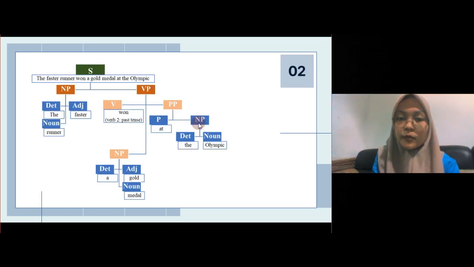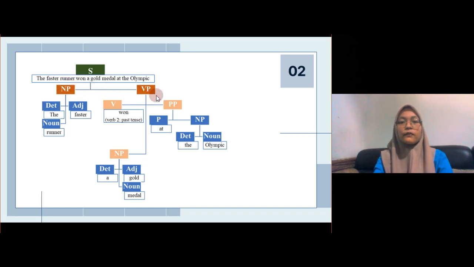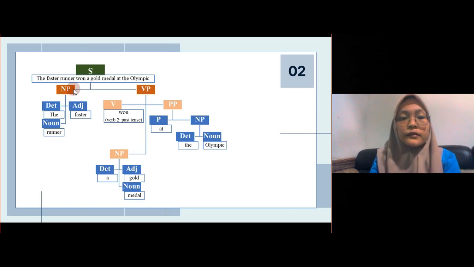So this is number 2. The sentence is: the faster runner won a gold medal at the Olympic. The sentence is divided into two nodes. The first node is a noun phrase and the second node is a verb phrase. The first node, the noun phrase, contains determiner, noun, and adjective.